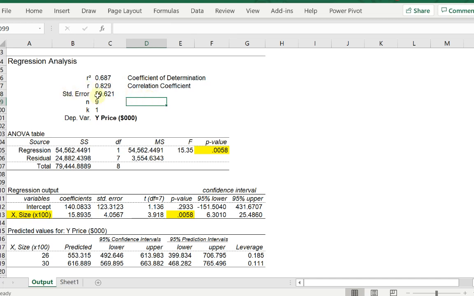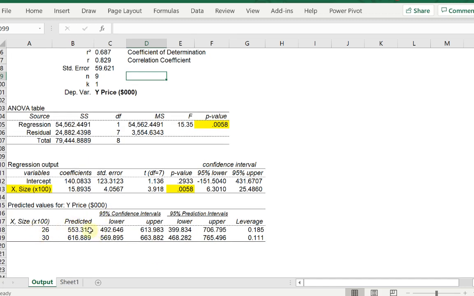And the standard error, 59,000. Now remember, this is the error of your prediction at every level. And everything else we just went through. See this prediction? It's going to be intercept 140 plus this number times x. This is your prediction line.